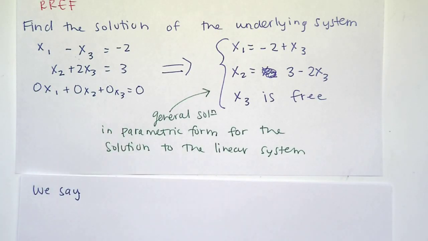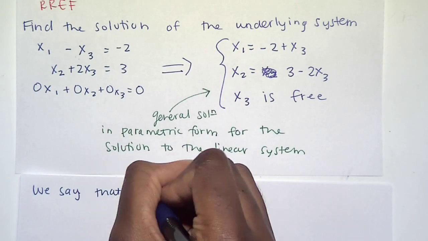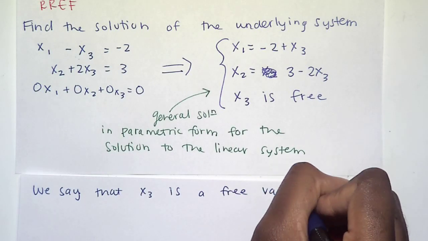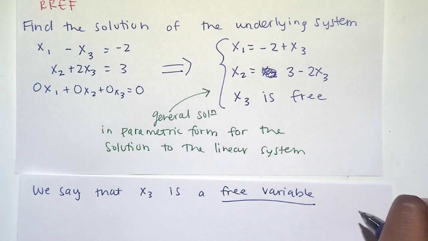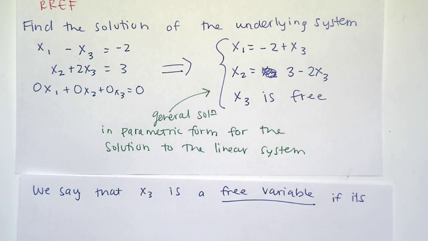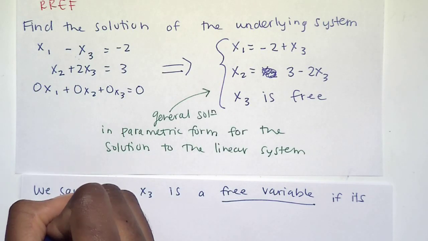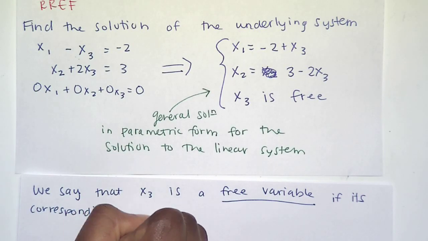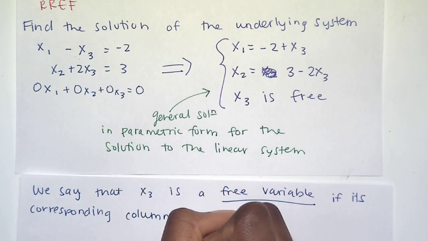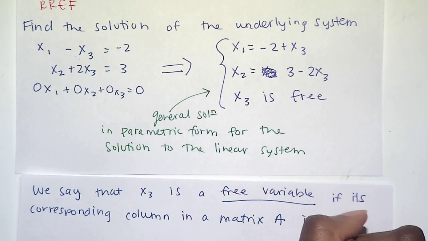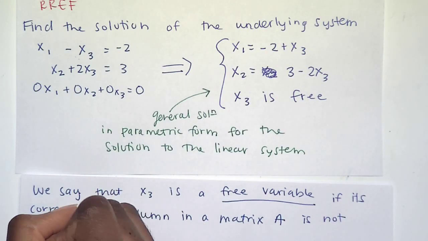And we say that x3 is a free variable if its corresponding column in, let's say, a matrix A is not a pivot column.